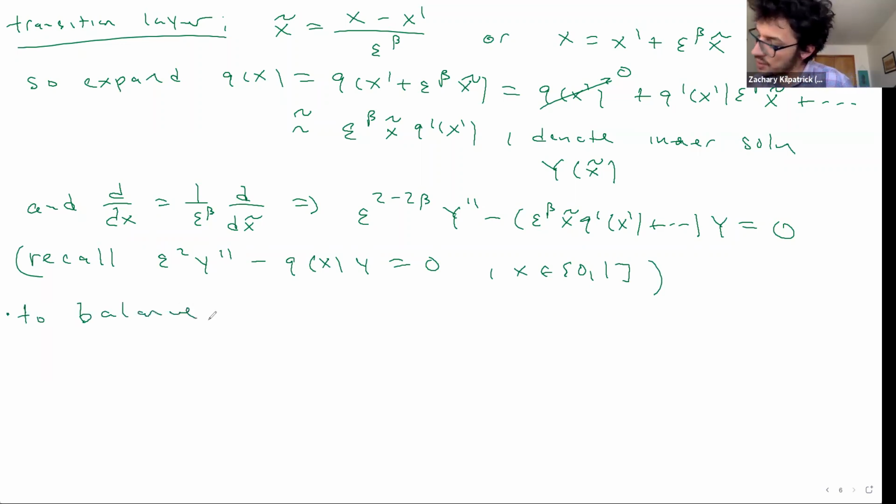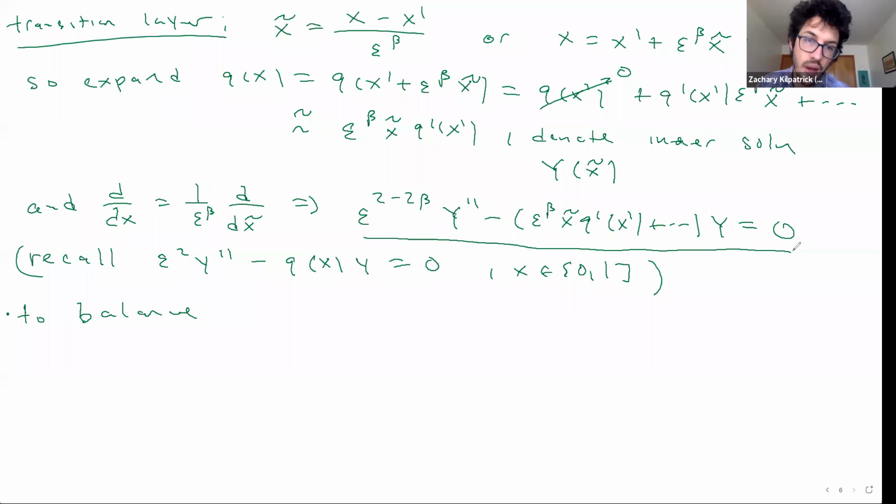Now the question is, once we have this system, how do we balance things out and solve it? Well, what we'd like is that epsilon to the 2 minus 2 beta match up with epsilon to the beta. So we need 2 minus 2 beta to be equal to beta.